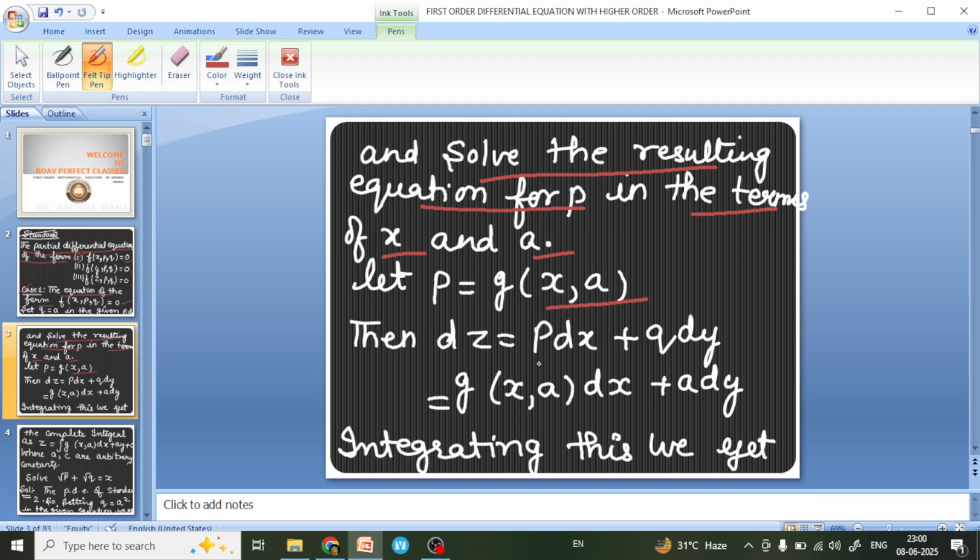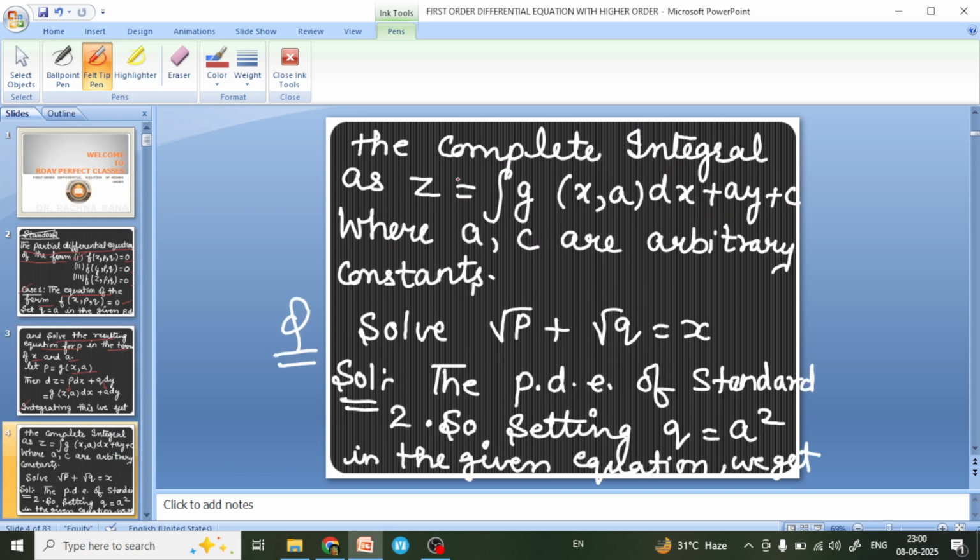Then we substitute p's value g of x comma a in dx plus, and q's value, which is a, so instead of q we write a dy, and in place of p we write g of x comma a. After integrating this equation, we get the complete integral: z equals the integral of g of x comma a dx plus ay plus c, where a and c are arbitrary constants.